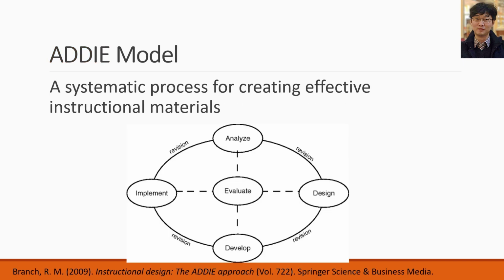The ADDIE model suggests a systematic process for instructional design. What do we mean by systematic? That means each stage, each component of ADDIE works on its own, but they also work together. If one thing changes, then it may influence other things.